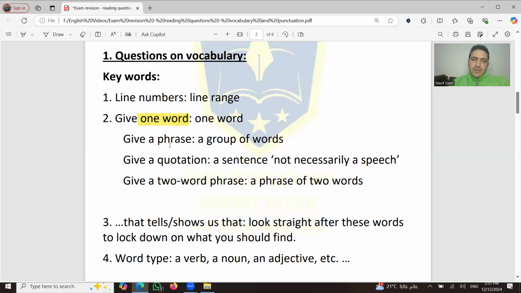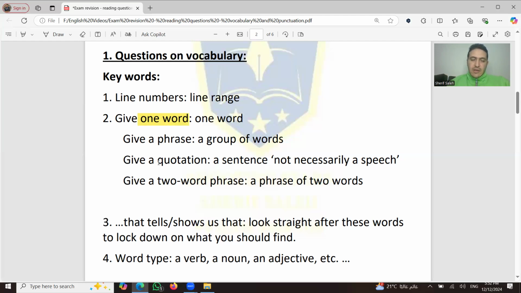When the question asks us to give a phrase, we know that a phrase is a group of words, so we don't give just one word in that case. We'll speak about how to locate and lock down on the possible words and how to find the right answer.